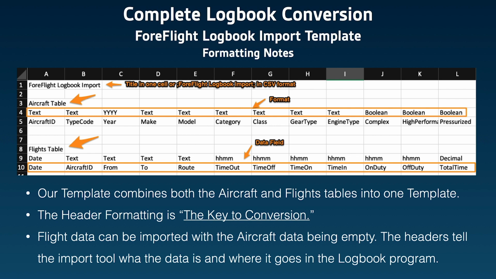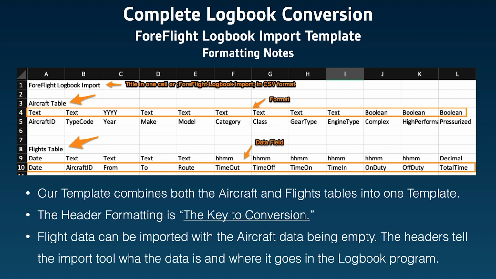because the import tool is actually going to scrutinize the name of the data, where it's located, and then decipher where that data is supposed to go. When you're bringing in a CSV file, when you start using other programs such as Numbers or Excel, if you take the first line where it says ForeFlight Logbook Import and you separate that into 3 different cells, it's going to either place a tab or a comma between those.